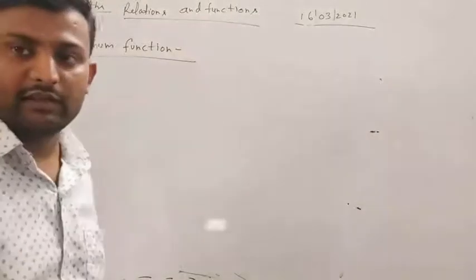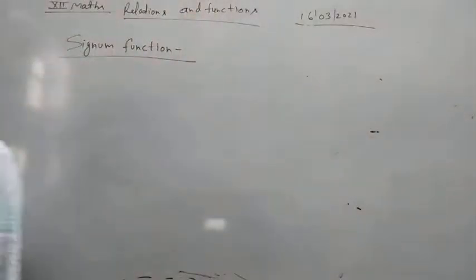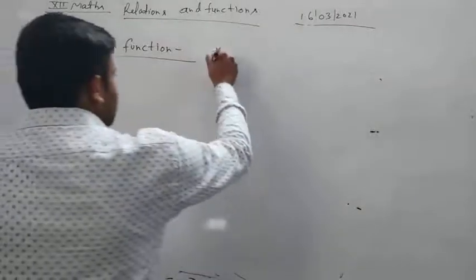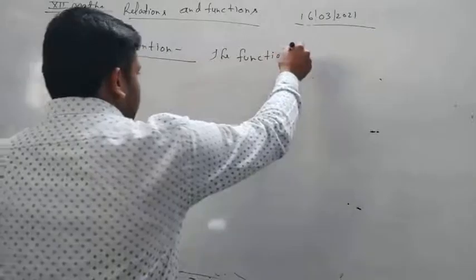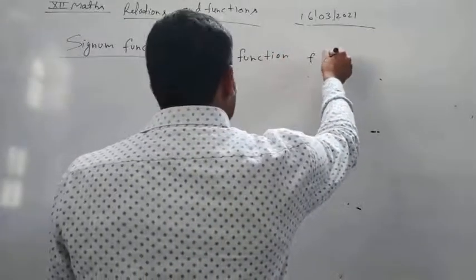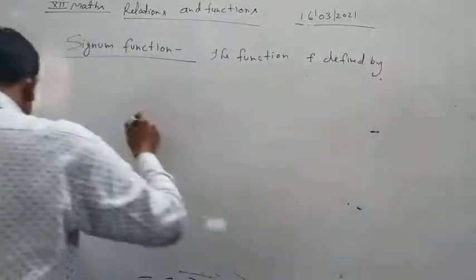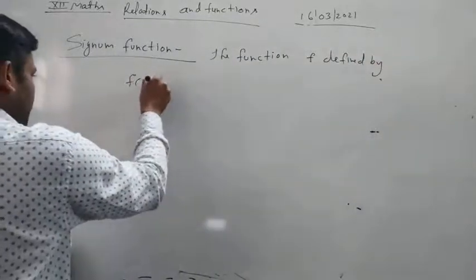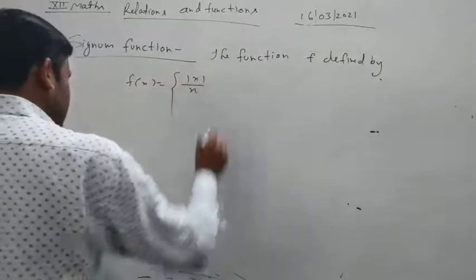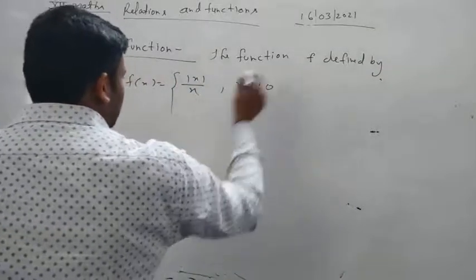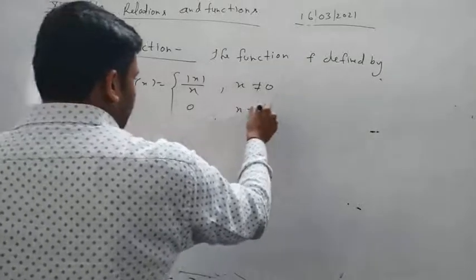So the next function is the signum function. Okay, students, the function f defined by f(x) = |x|/x when x is not equal to 0, and 0 when x is 0.